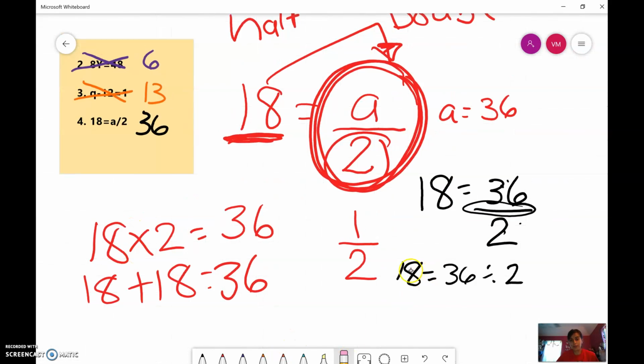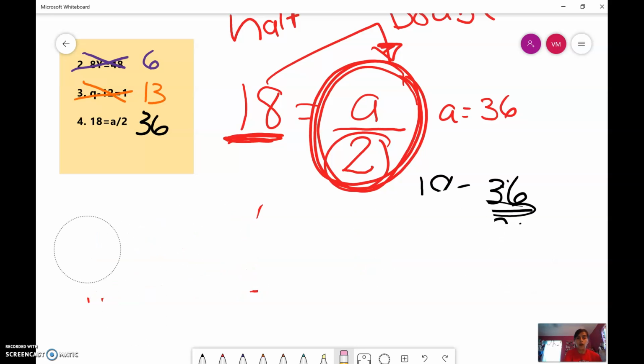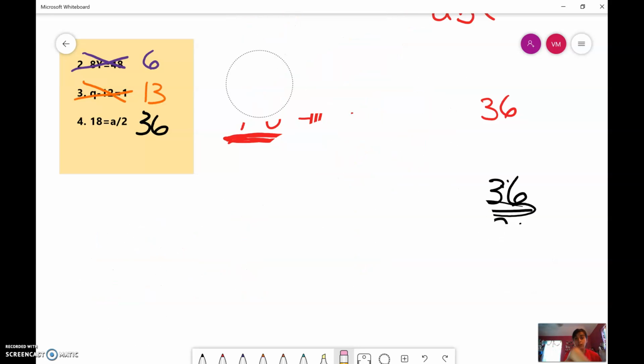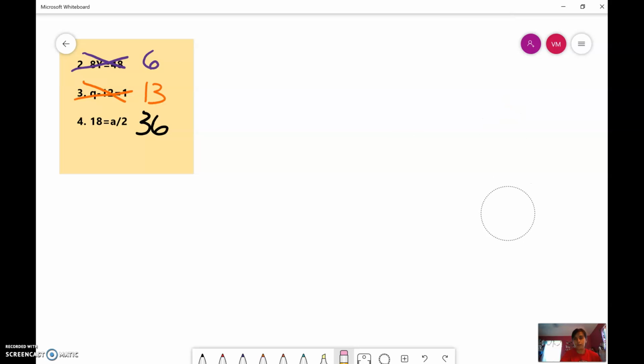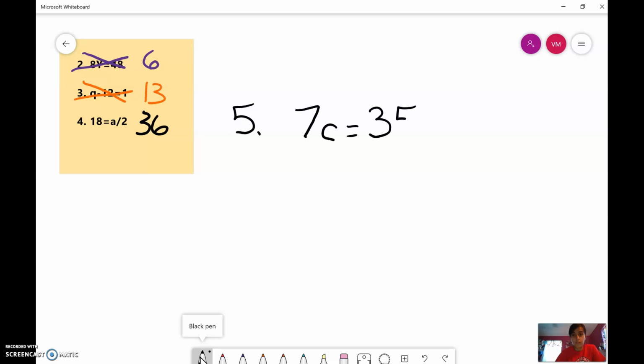I'm sorry, I didn't put the eraser. I need to erase it like this. If you want to take a challenge and try another one on your own, let me give you 2 questions that you can send on Dojo if you like. You don't have to. It's extra practice. This will be question 5. I'm going to write it like I told you: 7c equals 35.